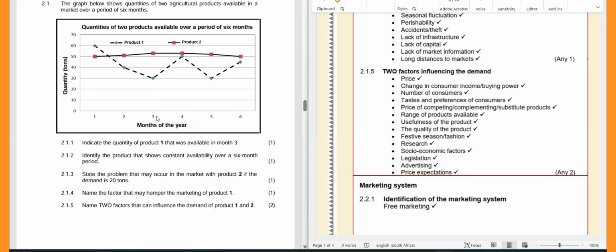During December, the demand for meat was high. But during January and February, that demand dropped, to show the festive season is over. That is the festive season.